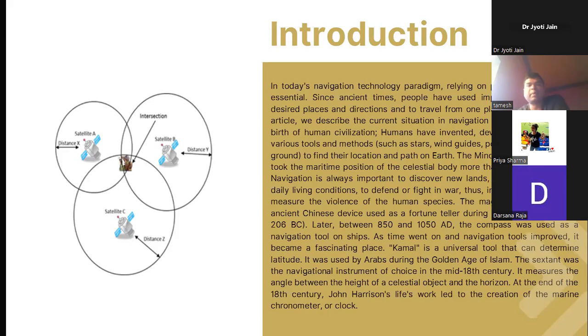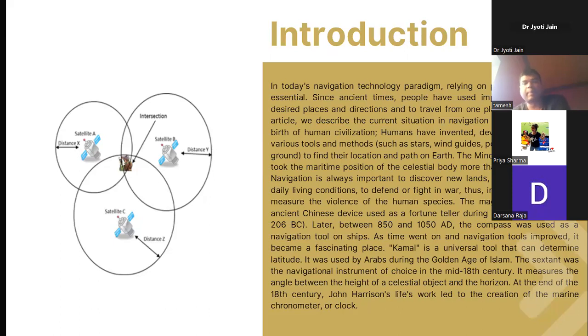The magnetic compass of the Chinese device was used as a fortune teller in the Qin dynasty, which is 221 to 206 BC, and then around 1050 AD, the compass was used as a navigation tool on ships.